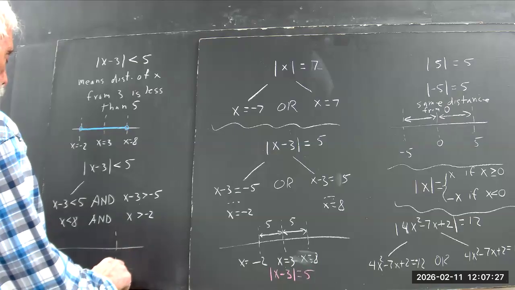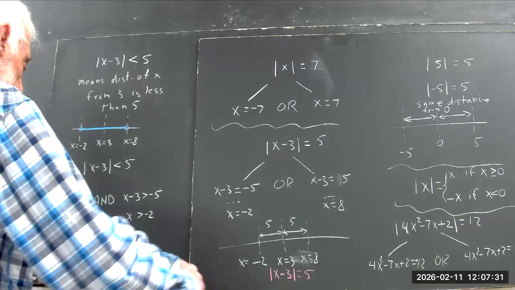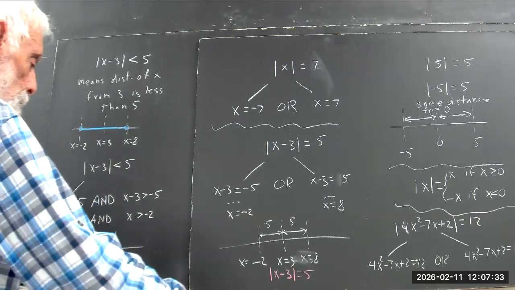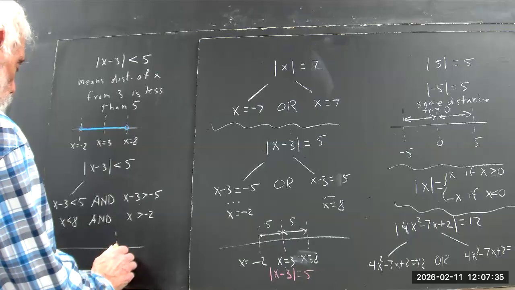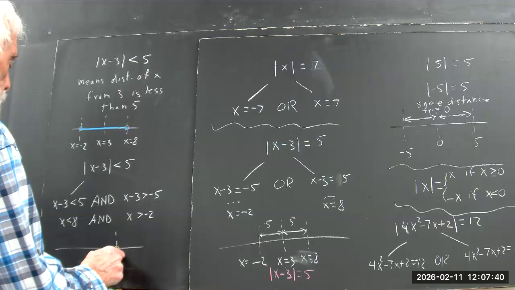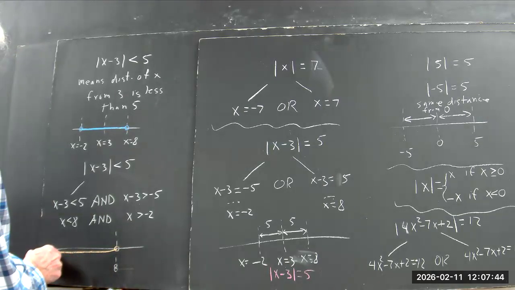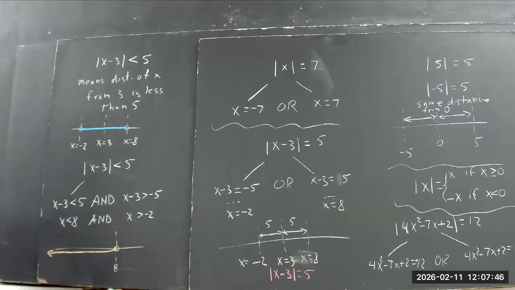Here's 8 on the number line. And I'll just draw a little circle around 8, and an arrow a little bit under the number line, all the way to the left. That's the inequality x less than 8.